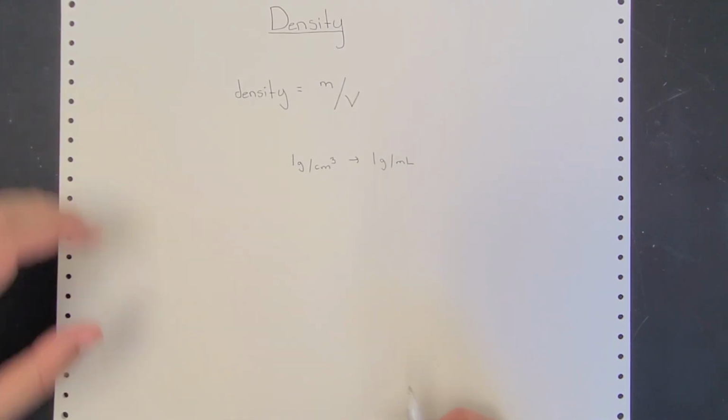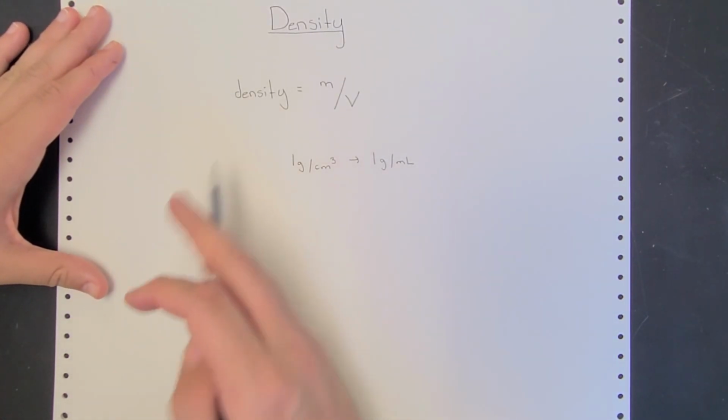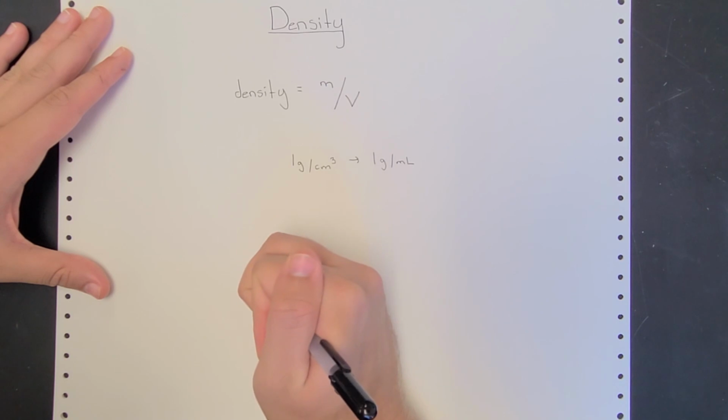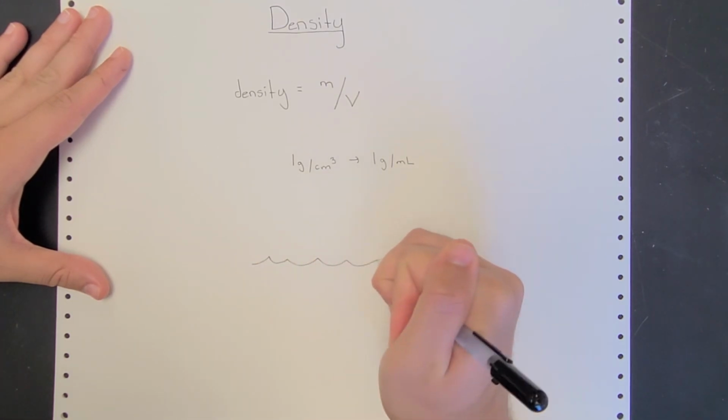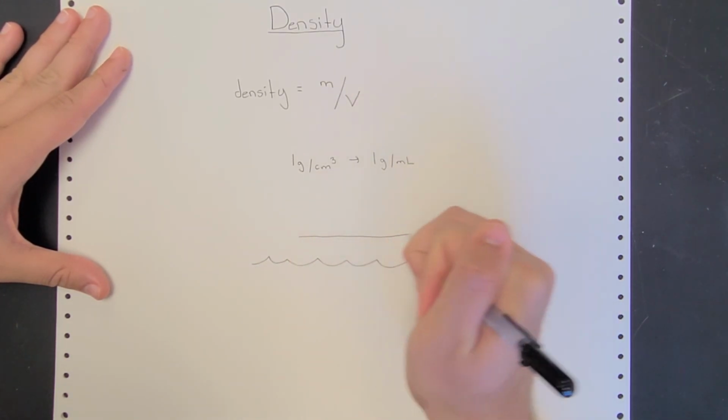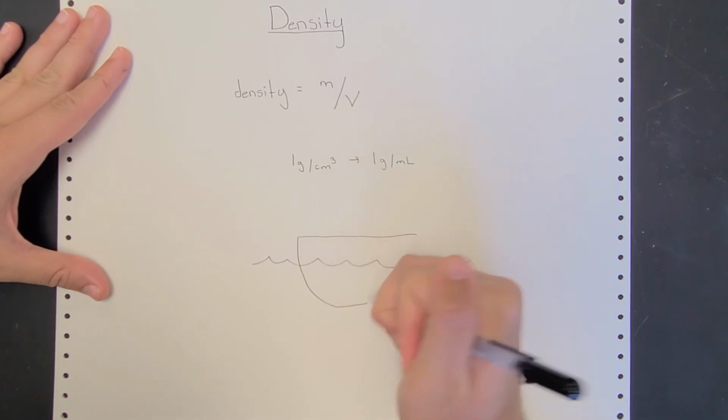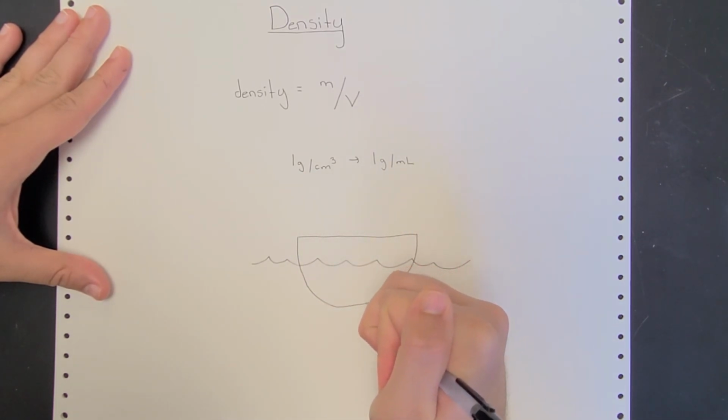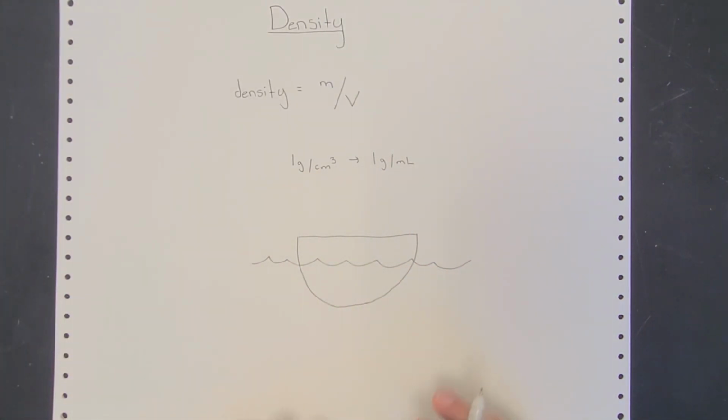Another way of thinking about this, other than its density being less than, is that whenever an object is in water, so here we have some water, we have our boat. For this boat to float, yes, its density has to be less than water, but also the weight of the water that it pushes out of the way has to be equal to its own weight. And this is due to something called the buoyant force.